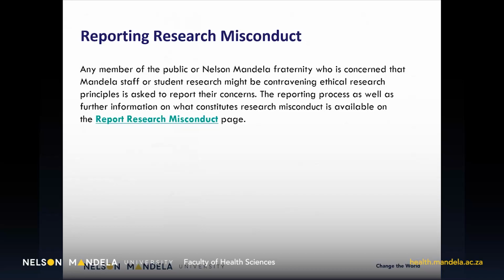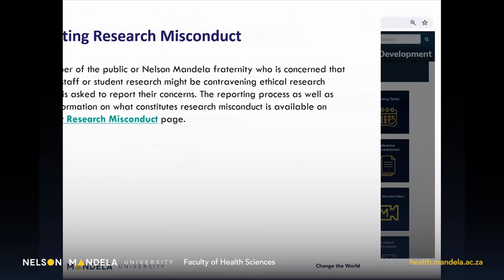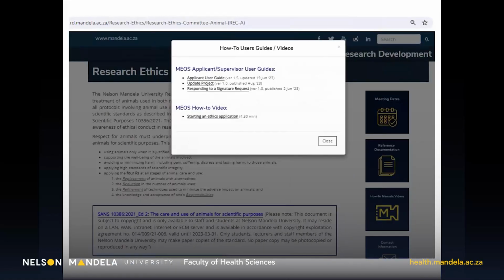So if there is any cruelty to animals happening during experimentation, which is a serious misconduct, it needs to be reported. Okay, so on this website, Animal Ethics, there's also the MEOS application, supervisor user guides, and the how-to video.